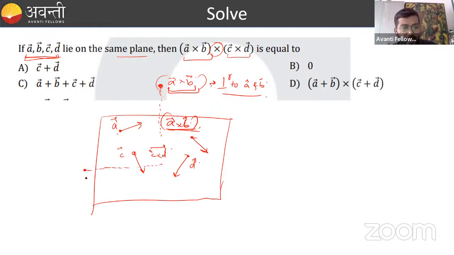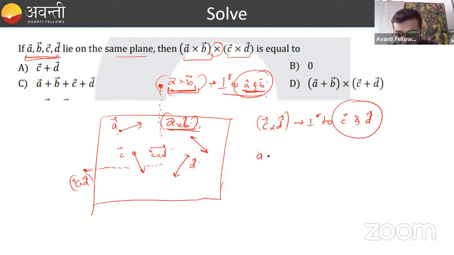Since these are in the same plane, C bar cross D bar is perpendicular to C bar and D bar. A bar cross B bar is perpendicular to A bar and B bar. So since A, B, C, D lie in the same plane, A bar cross B bar will be parallel to C bar cross D bar.